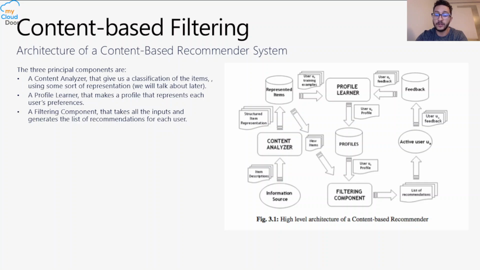Then the profile learner takes the user's input, by which we mean the item that the user is viewing, buying, clicking, etc. Then the filtering component, which is our filtering system, takes the input from the content analyzer and the profile learner, compares the similarity of the item viewed with other items, and recommends the items that have the highest similarity score.